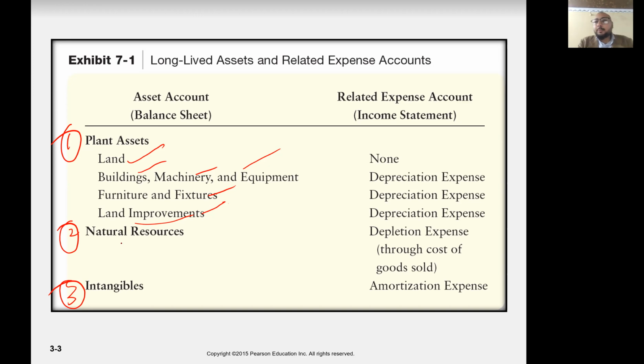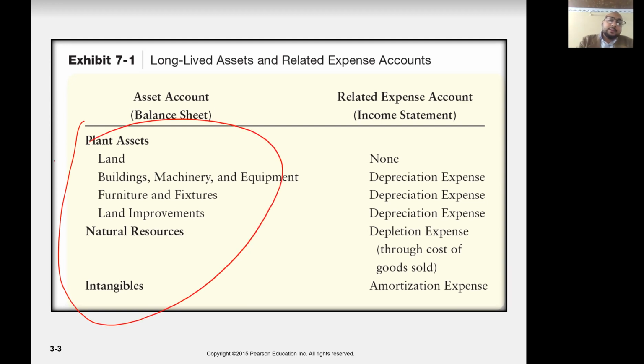Natural resources, if you have mines, coal mines, iron ore mines, salt mines, or gold mines, silver mines, this is called natural resources. Intangible assets are, for example, trademarks, patents, copyrights. These are called intangibles. The expense on our fixed assets we have to take to the income statement. Remember, there is no expense on land.